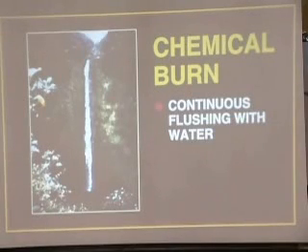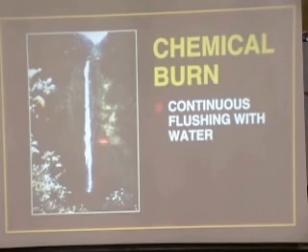The main thing you have to remember with chemical burns is irrigation. When we have a chemical burn, we'll irrigate that burn for at least 2 hours. You should start irrigating right away. After 2 hours, if the person still has burning, we irrigate some more. So irrigation, irrigation, irrigation is the key to treating chemical burns.